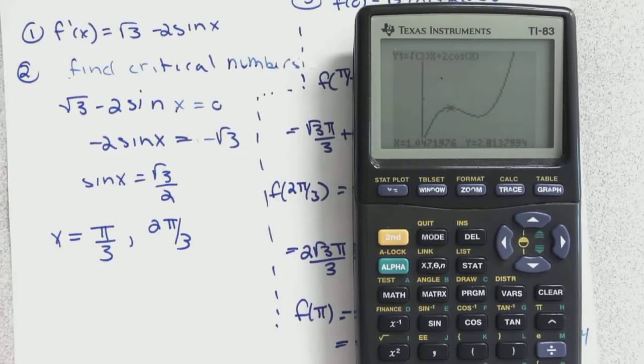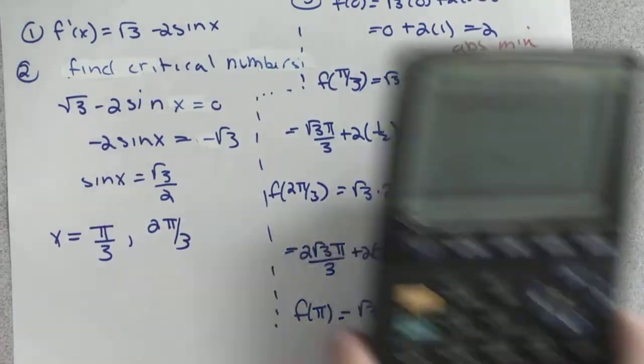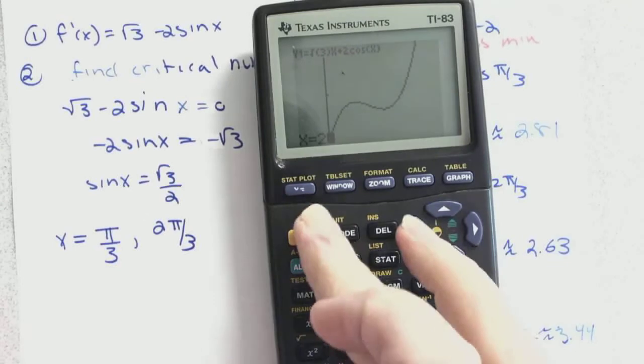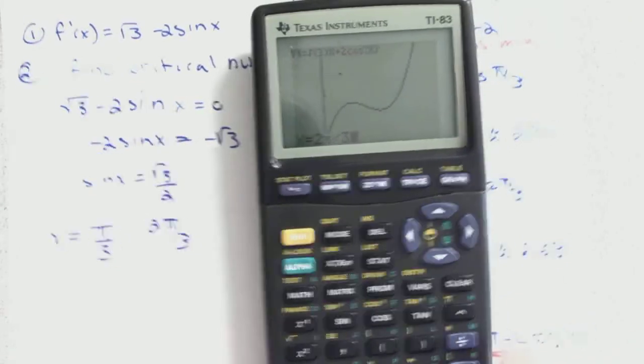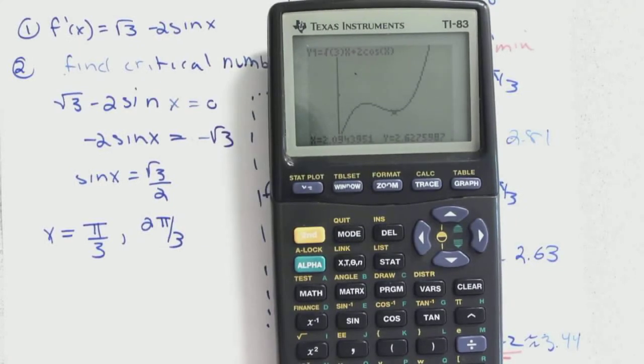Notice that corresponds to my local maximum, and the value there is approximately 2.81. And let's do a trace again and go to 2 pi divided by 3, the other critical number I found. Enter. It goes to my local minimum and says approximately 2.63. And so these things absolutely check by looking at a picture.